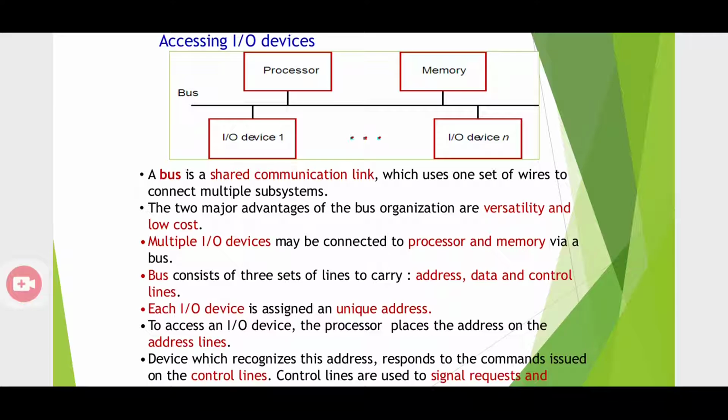So to access the I/O device, the processor places the address on the address lines or address bus. Already we said the bus is divided into three categories: address bus, data bus, and control bus. So to access an I/O device, the processor places the address into the address lines.